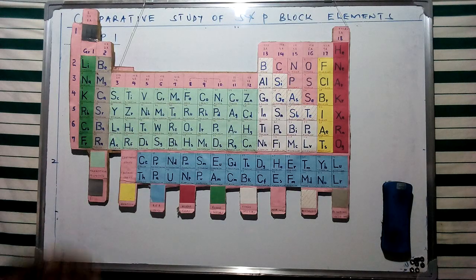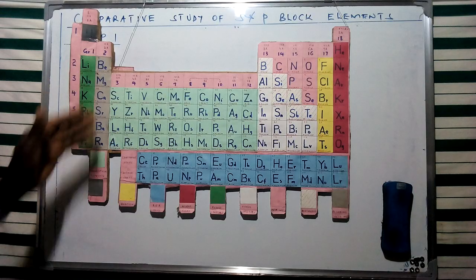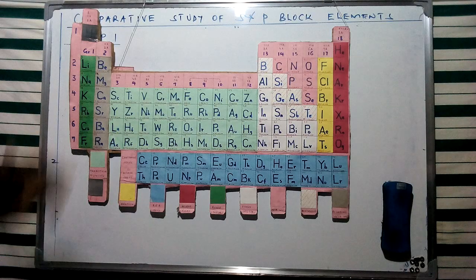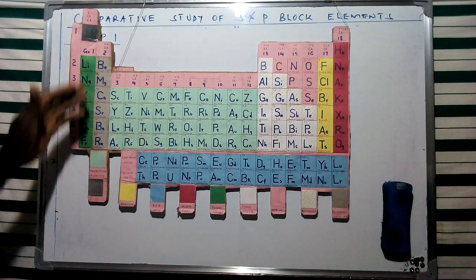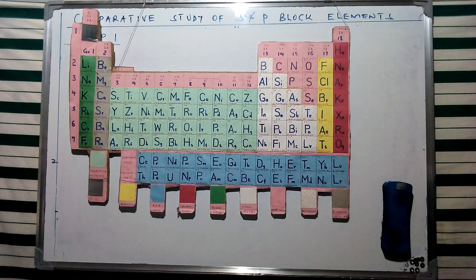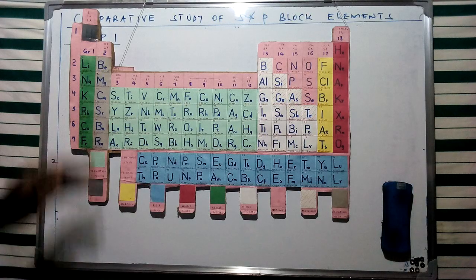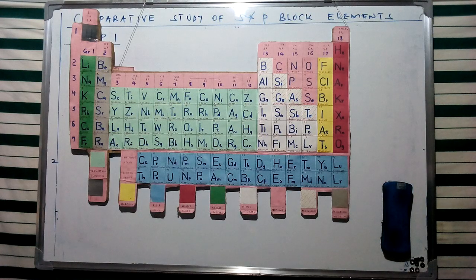Now, in this particular case, we're going to see that the group 2 elements are going to display a similarity in a way that they are going to consist of valency S electrons, and therefore they are going to fall under the category of the S block elements. We had said that they have a unique name that we refer to as the alkaline earth metals.